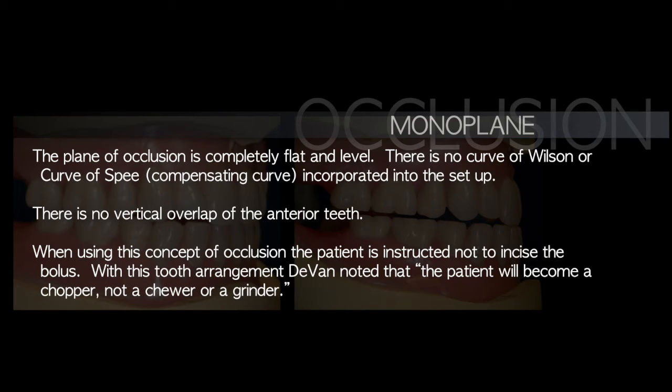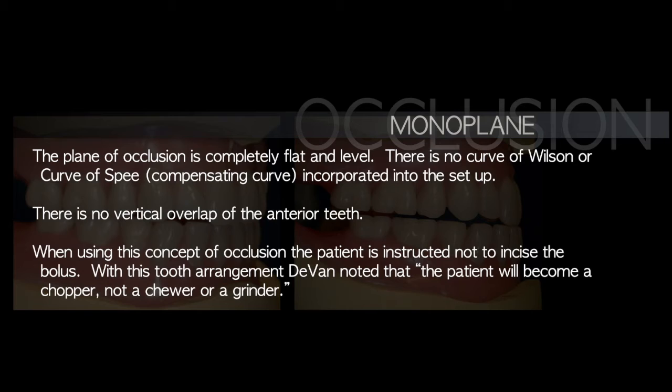There is no curve of Wilson or curve of Spee, meaning no compensating curves are incorporated into the setup. There is no vertical overlap of anterior teeth, allowing the teeth to move freely anteroposteriorly. When using this concept of occlusion, the patient is instructed not to incise the bolus.